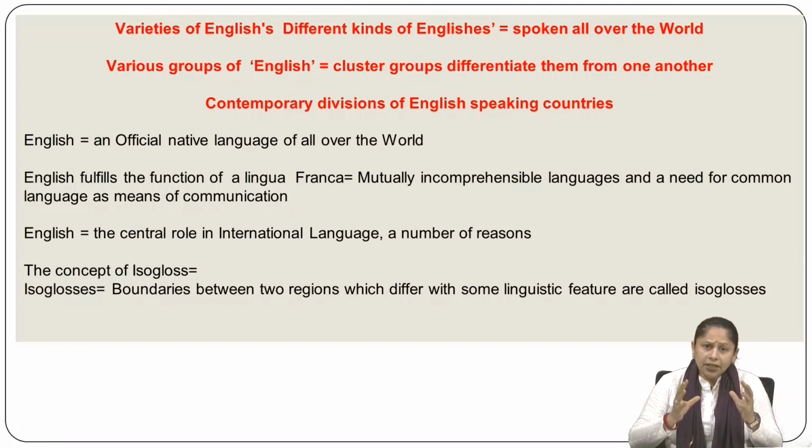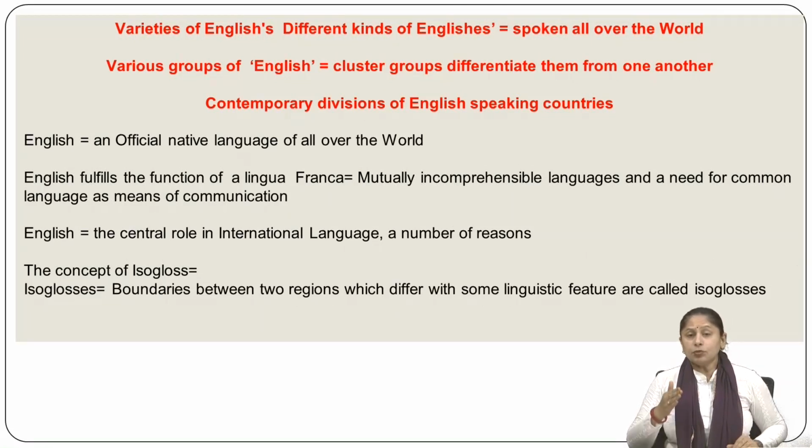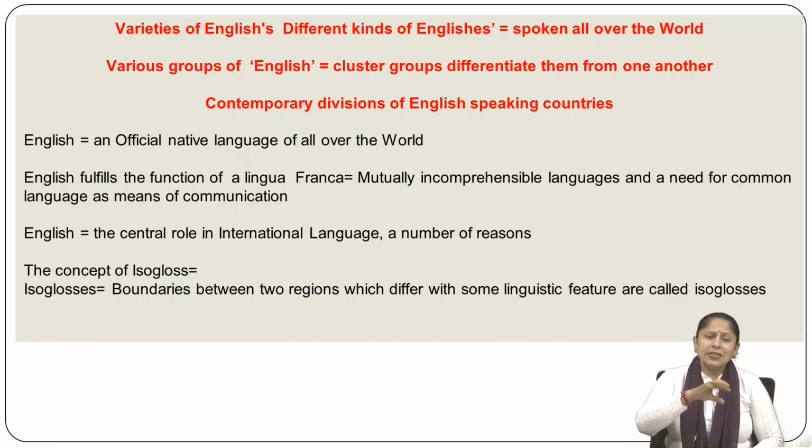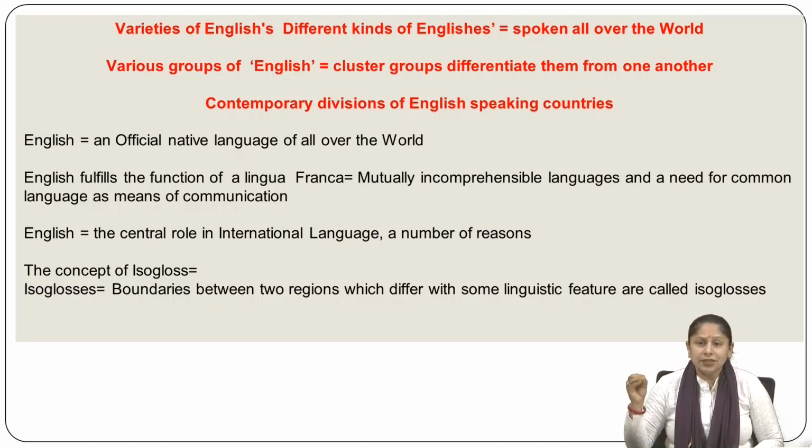Various groups of English are going to be studied here, and we are supposed to study what the basic features of these different kinds of Englishes are, and what cluster groups differentiate them from one another. So there are clusters of groups even. For example, the English of India is quite similar to British English.